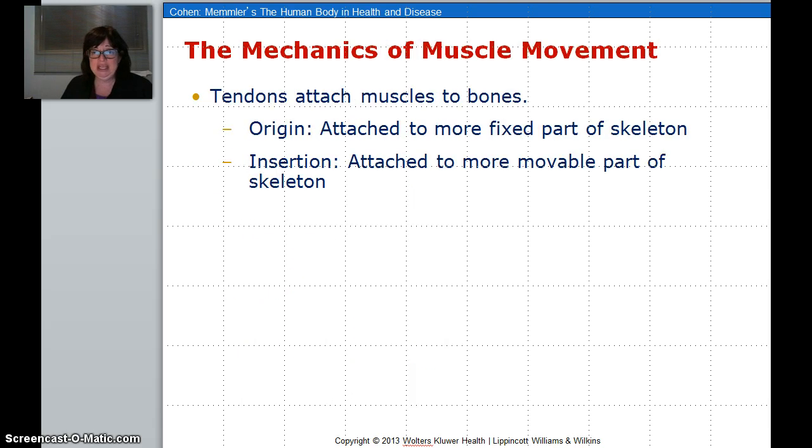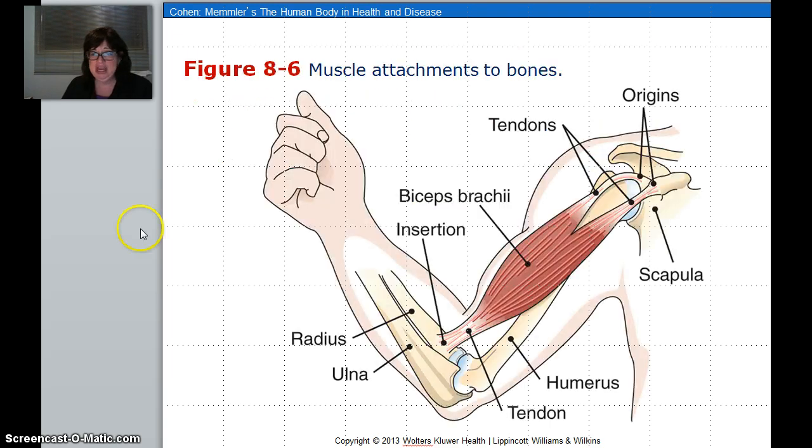Okay? When it comes to the mechanism for muscle movement, the tendon attaches the muscles to the bones. The origin is the site of the fixed part of the skeleton and the insertion is the movable. Now, in other anatomy classes, they often want you to know great detail. I'm not going to go there.